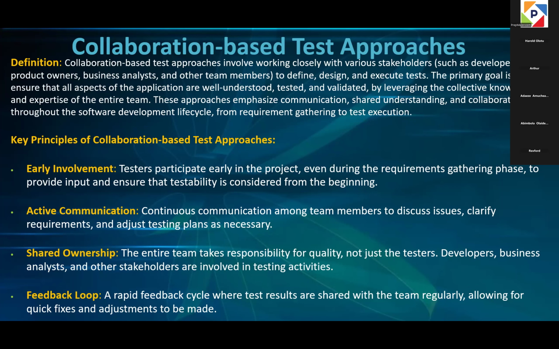Testers are required to be with the PO and the business analyst when they are doing their backlog grooming before they commit any user stories into the sprint, because you are practicing the shift left approach by doing that.